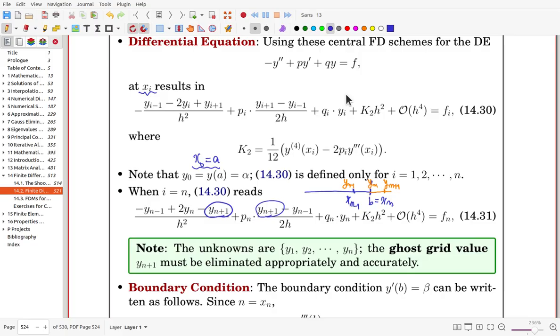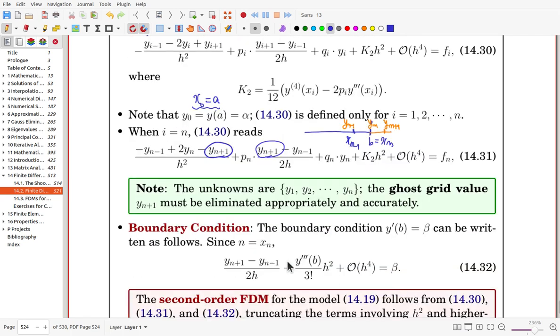So we have to replace this term using something. But that one is now from the boundary condition. In our boundary condition is this one. At the last point, the slope is beta.